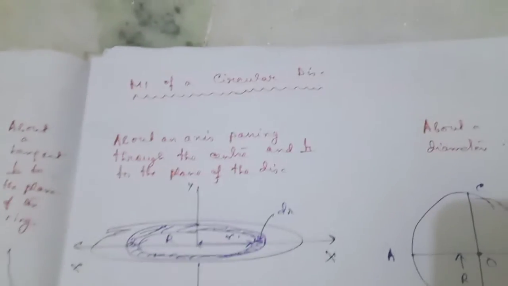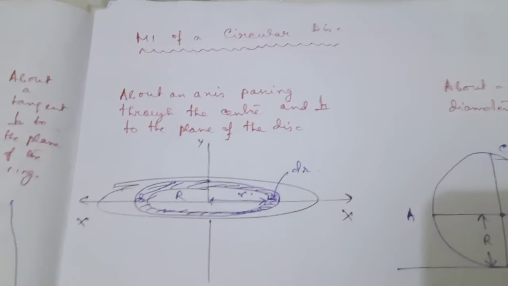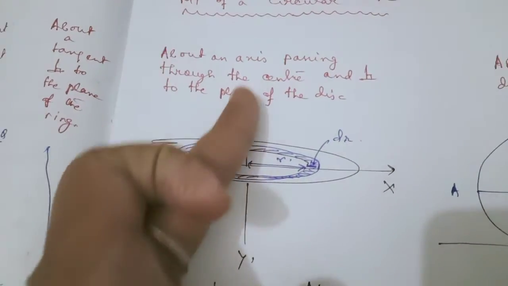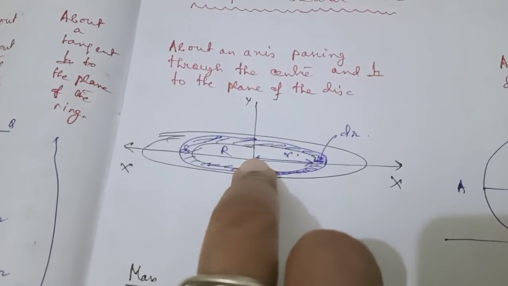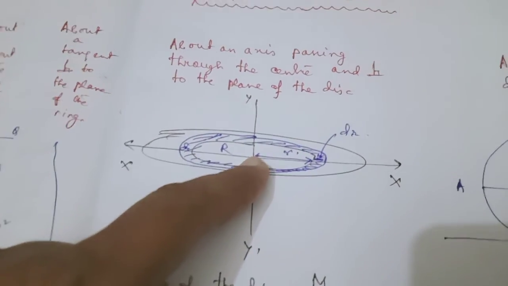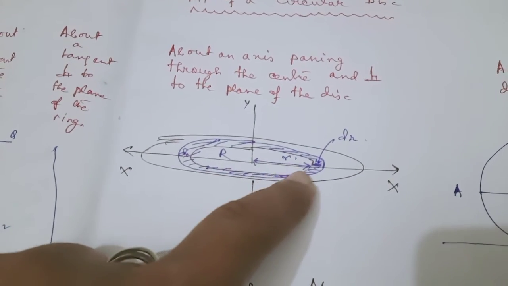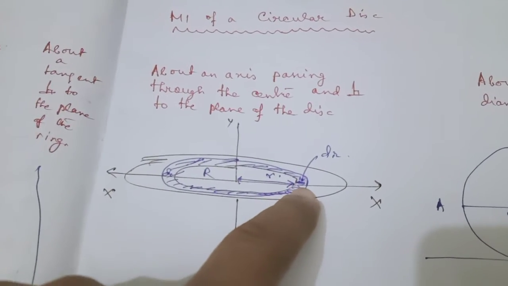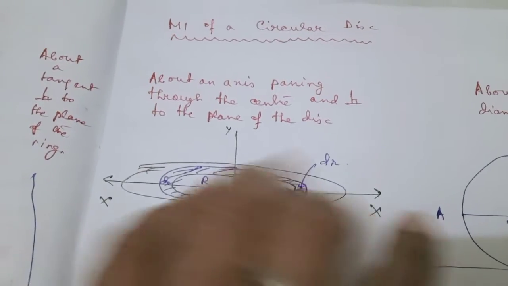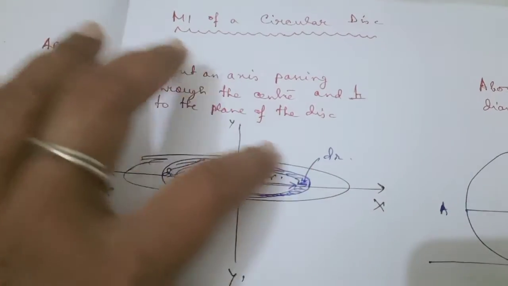Now, moment of inertia of a circular disc. This is the disc, circular disc. Now, this is the central region, this is the center of mass, x-axis and y-axis intersecting here, this is the origin. Now, from our distance we have taken a small element dx. Step 1 we have already done. Step 2 we have considered this is an area. We have to take a symmetrical figure.